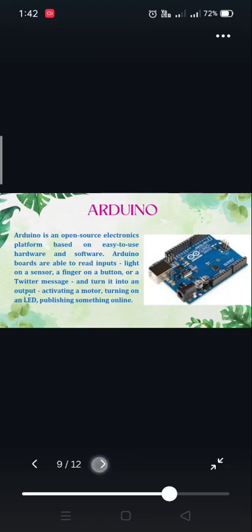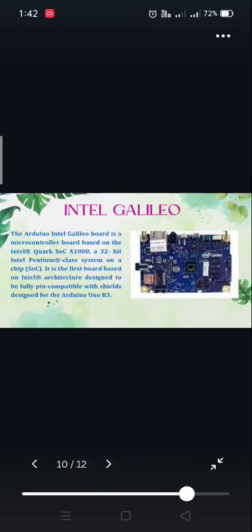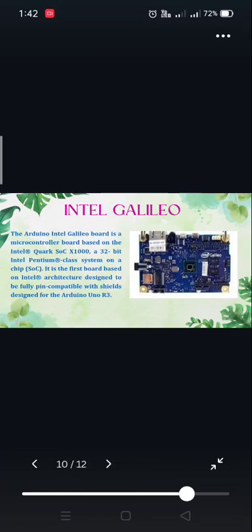The next is Intel Galileo. It is the first Arduino certified development board based on Intel x86 architecture. It was designed for makers and for education purposes in academic communities. The Intel Galileo board combines Intel technology with support for Arduino and expansion shields related to software libraries.